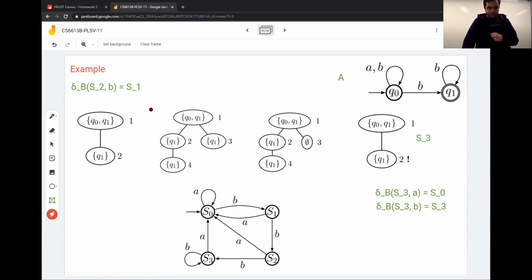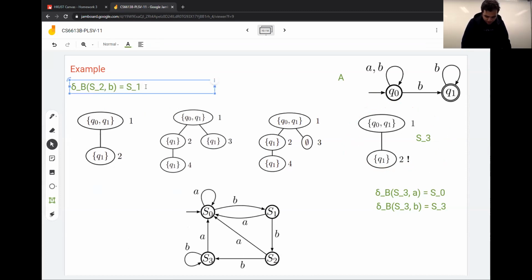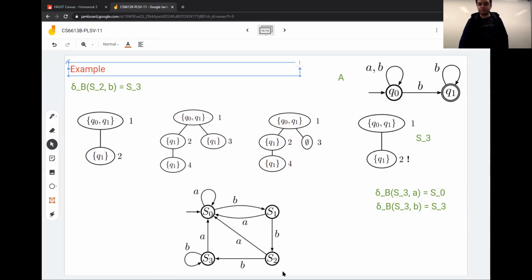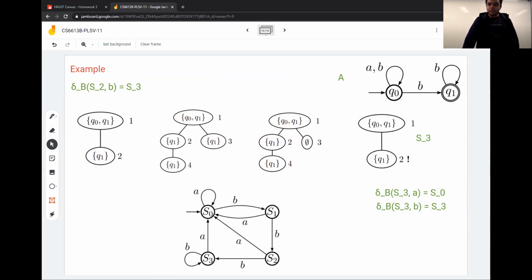So this is the transition. Basically, we get this Safra tree, which we call S3. And so the transition from S2 with letter B would be to this S3. I don't know why there's a typo here. Okay. So you can continue this construction and work with what happens with S3, and you will see that with A, it goes back to S0, with B, it goes to S3.